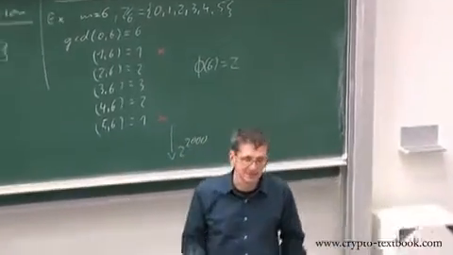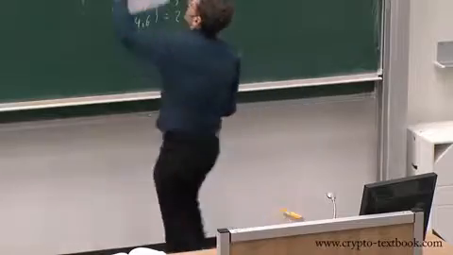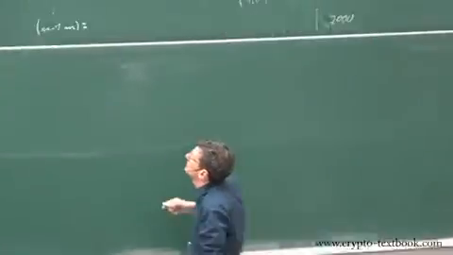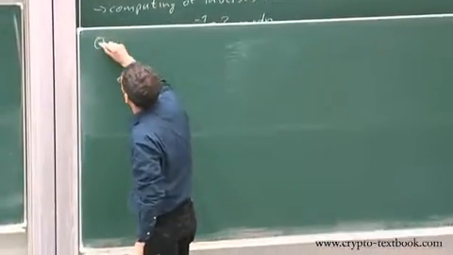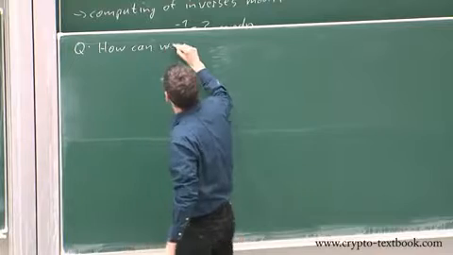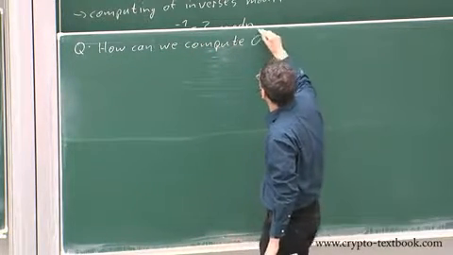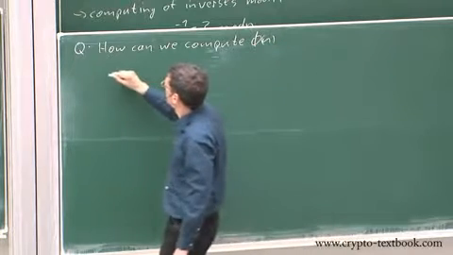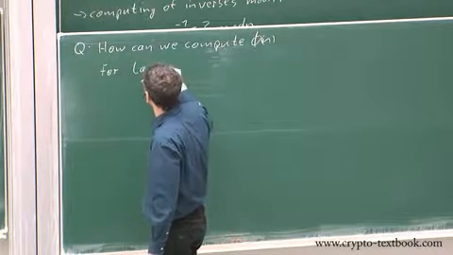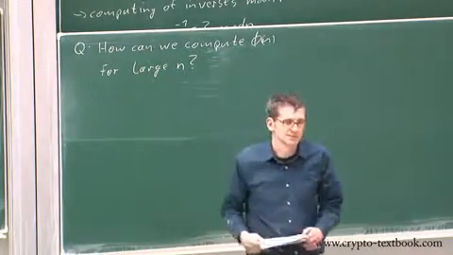And luckily there is. Maybe let's write that down as a question. How can we compute phi of n for large n?